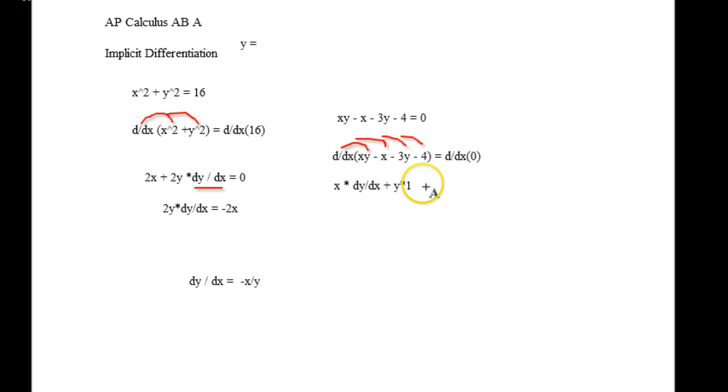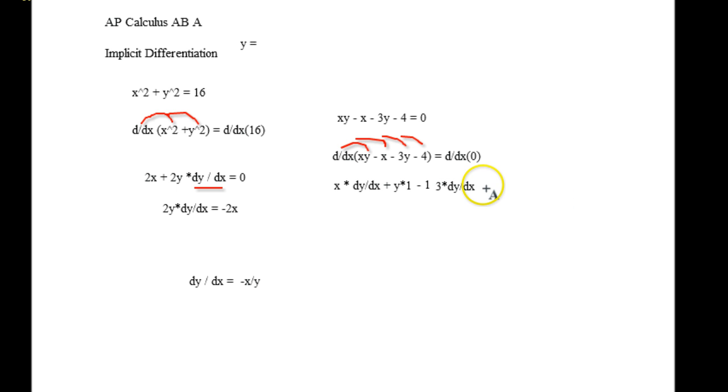So that's that first part, so that's pretty easy. Then we do the second part, so that's going to turn into just minus 1. The derivative of x is just 1, so we put the minus right there. Then the derivative of 3y is going to be 3 times dy/dx. Okay, so that's huge right there.